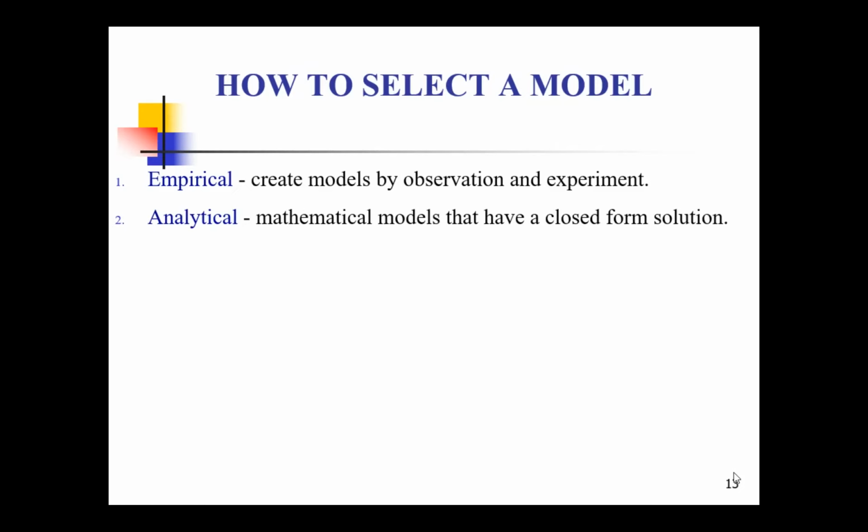Then comes the analytical model. These analytical models are based on mathematical models. For example, VT^n = C, and surface finish Ra = R divided by 32, where R is the nose radius. So these are all mathematical models.